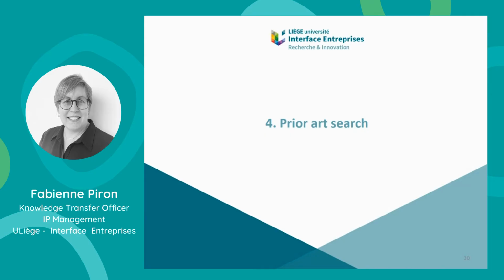So prior art search means searching into the state of the art to determine if the invention is really new. For you remember, novelty is one of the criteria of patentability. In this module, I will explain to you why it is relevant to determine this criteria and how it is possible to achieve it.